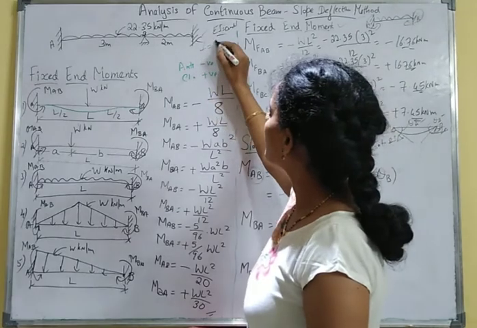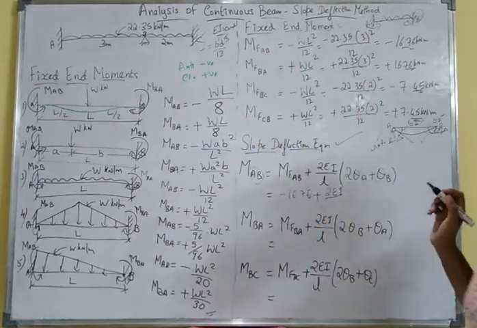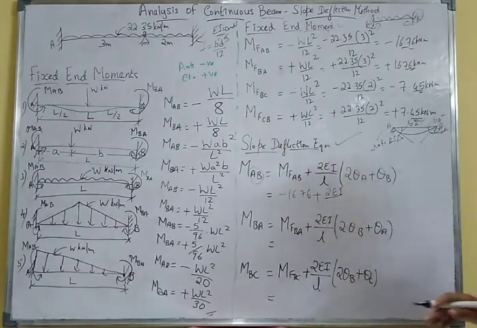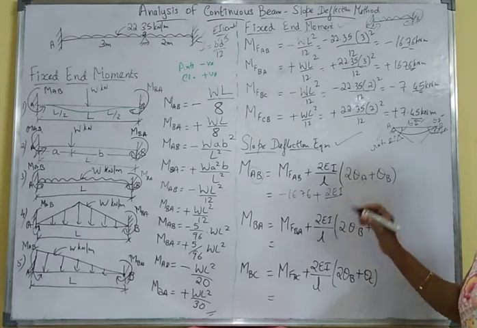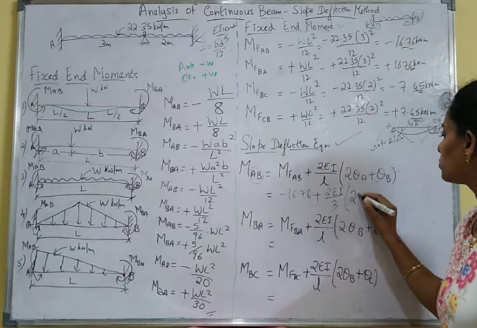I formula is nothing but BD cube by 12. It depends upon the width and depth of the beam. Based upon that you can vary.